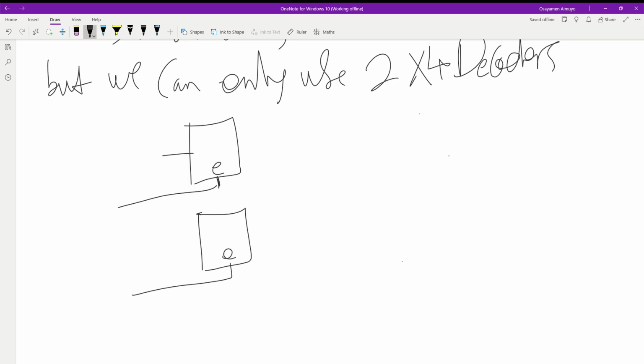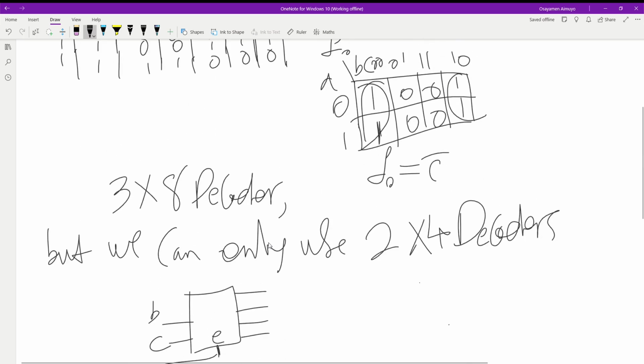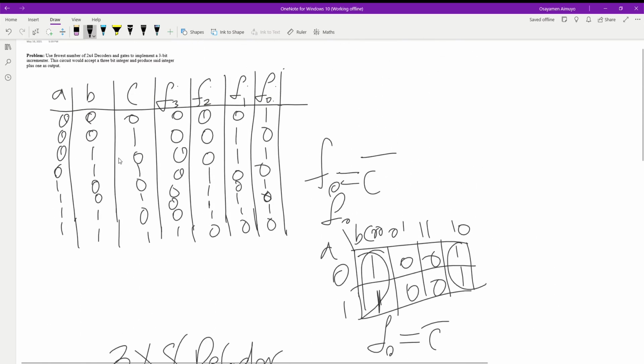So let's say we have B and C here, and then we just have these outputs here. We can quickly notice that the first 4 inputs, B and C, are periodic.